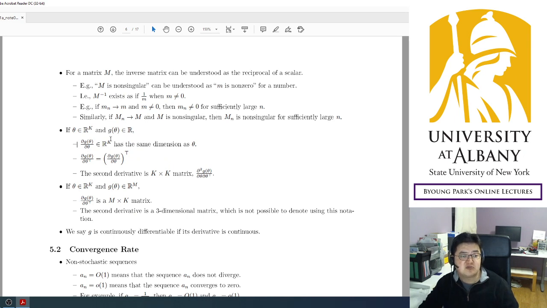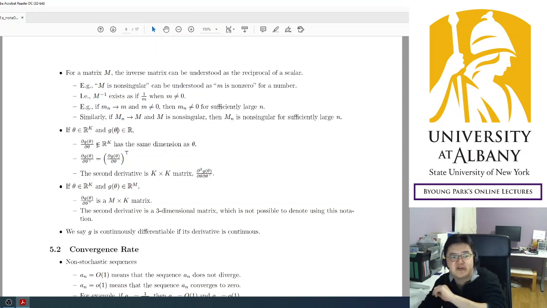The derivative is also a k-dimensional vector, because theta is a vector, so the function depends on k different arguments, and the derivative has to be calculated for each of them.